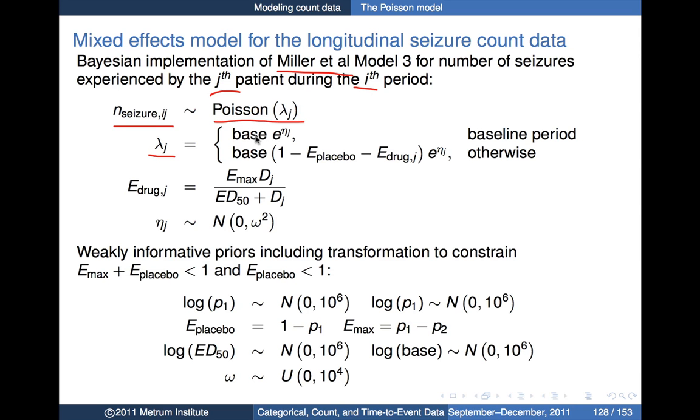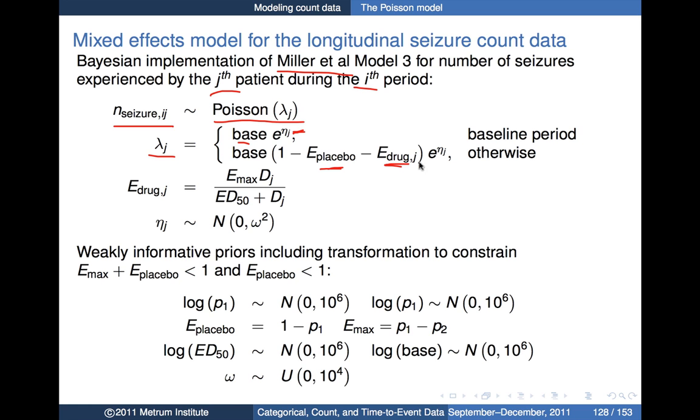We've got some parameter called base with some random effect. Here it's exponentiated, so it'll remain positive, since lambda is an average count level and has to be non-negative. That would be for our baseline period, thus the word base. For the post-baseline period, we've also got possible placebo and drug effects. Our anticipation is that, if anything, those would tend to bring the count level down, thus the reason for writing it as base times 1 minus the placebo and drug effects.